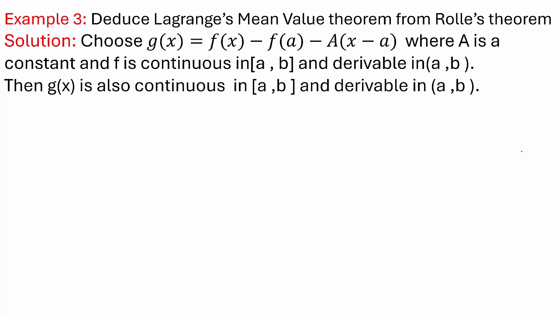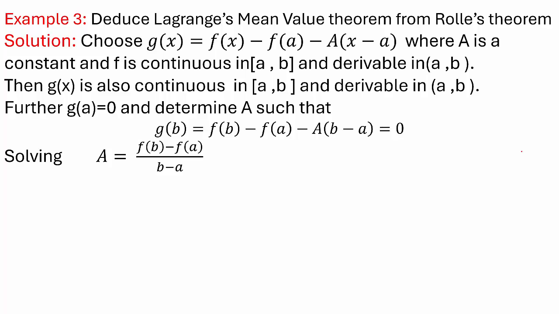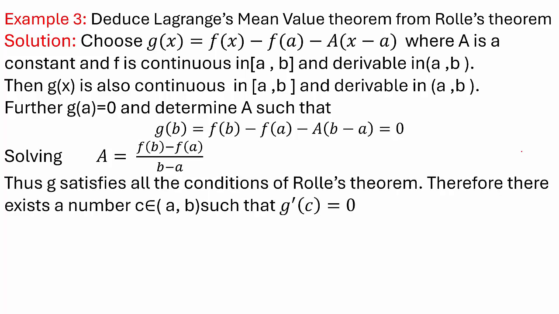Then g(x) is also continuous in the closed interval [a, b], and derivable in the open interval (a, b). Further, g(a) equals 0, and we determine A such that g(b) equals f(b) minus f(a) minus A into (b minus a), which is equal to 0. Solving, we get A equal to (f(b) minus f(a)) divided by (b minus a). Thus, g satisfies all three conditions of Rolle's theorem.